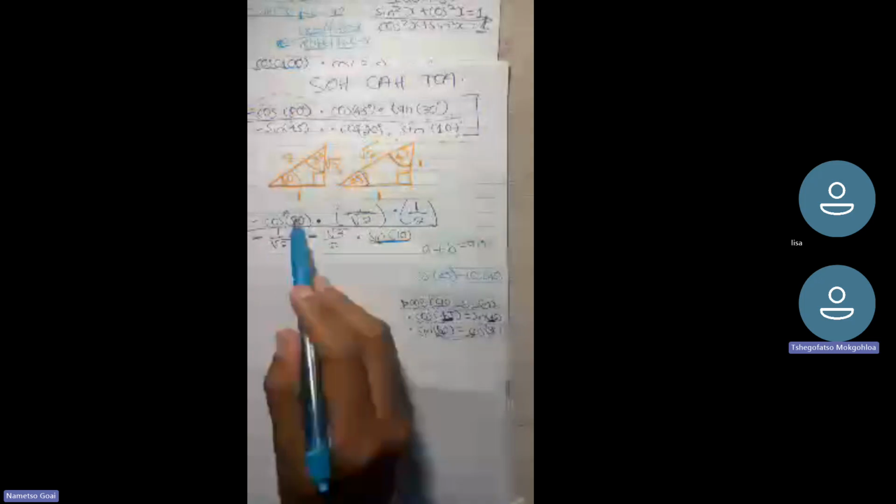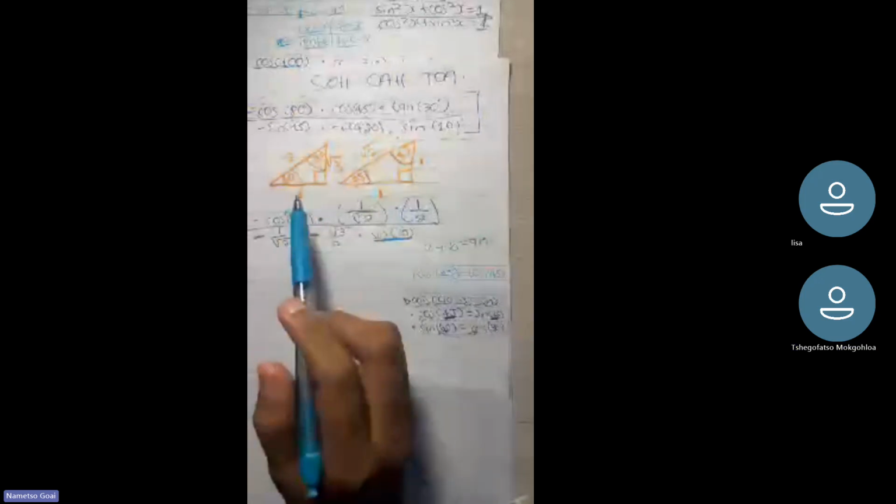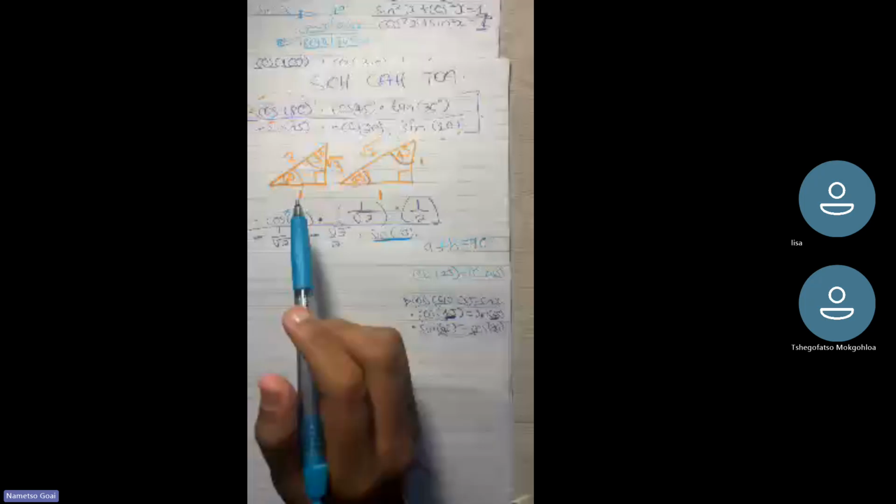So if we have a cos 80 like this and a sine 10 like this, what is the cofunction of this cos 80? Basically, its friend that's going to help us make this 90. What is it going to be?